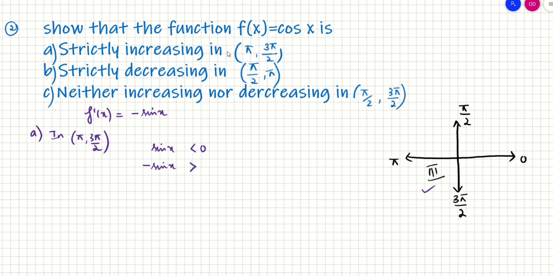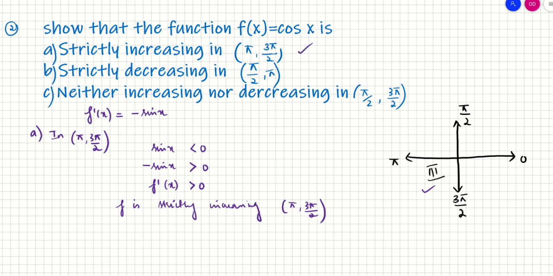Minus sin x will be greater than 0. So, minus sin x was nothing but f dash of x. So, f dash of x is strictly greater than 0. So, we can say that f is strictly increasing in the interval pi to 3 pi by 2. So, that was the solution for the sub-question A.